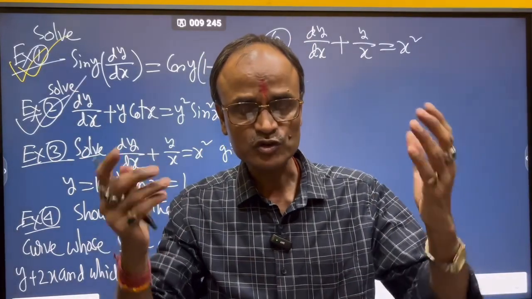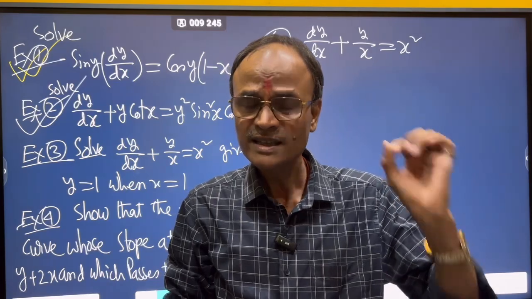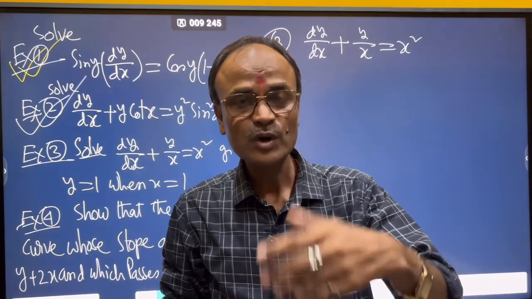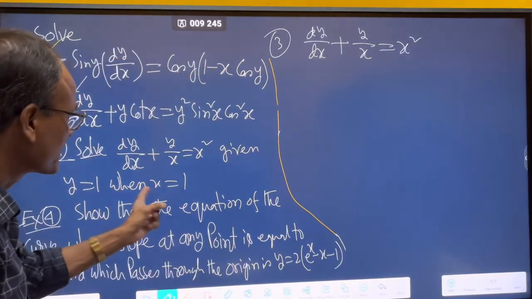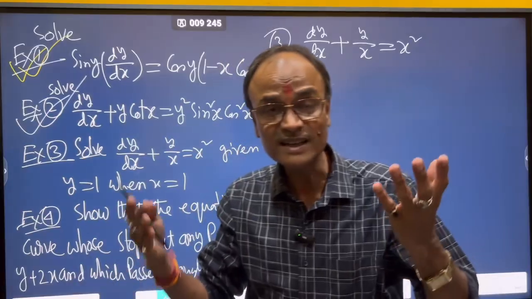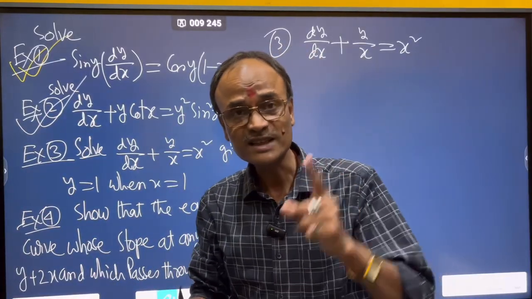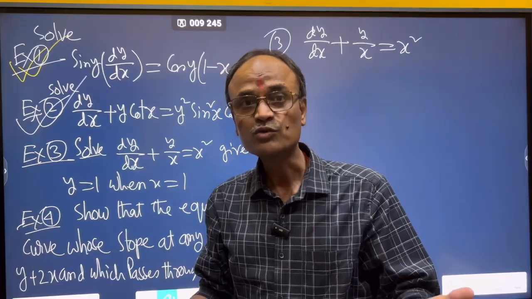After solving the differential equation, in the solution we will get one arbitrary constant, and with the given condition y is equal to 1 when x is equal to 1, we shall find the arbitrary constant. For that particular value, what will be the solution?